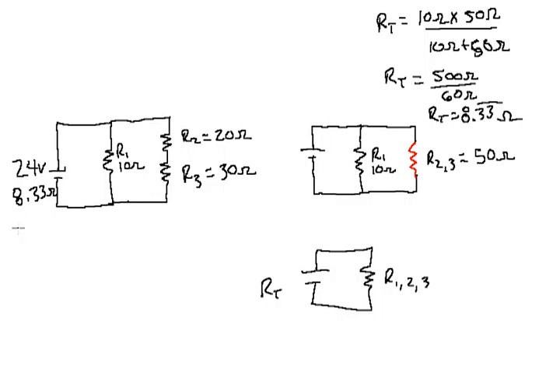So 24 volts divided by 8.33 is 2.88 amps. Perfect. And we also know if we have 24 volts here, that in each parallel branch we're going to have a total of 24 volts.